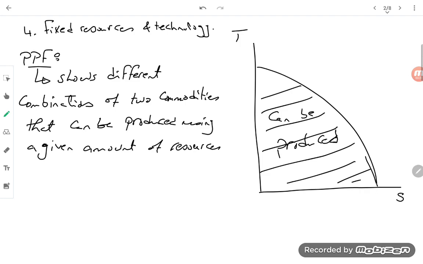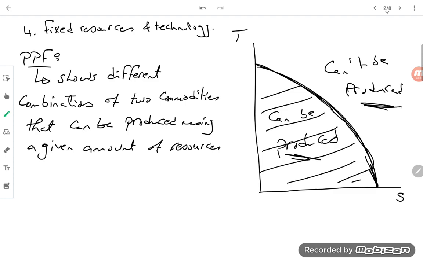And this is the maximum production. After this level, it can't be produced. So PPF is like a border or boundary between what can be produced and what cannot be produced.